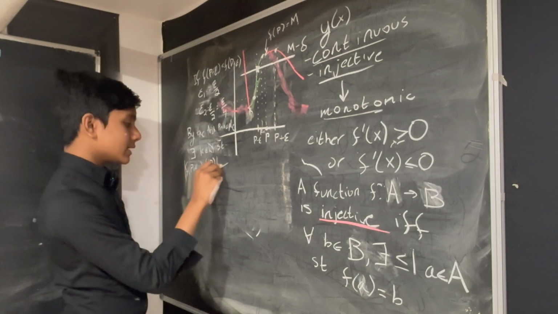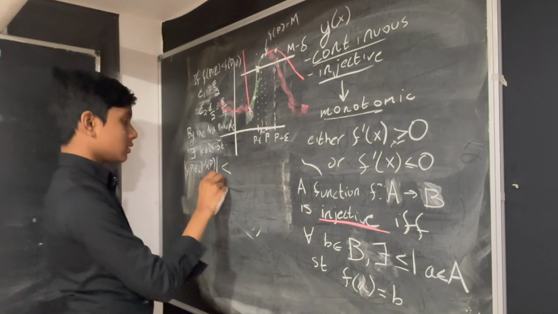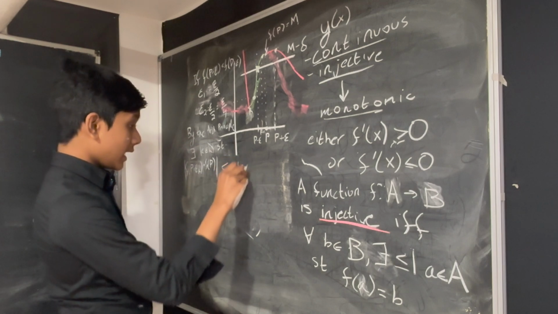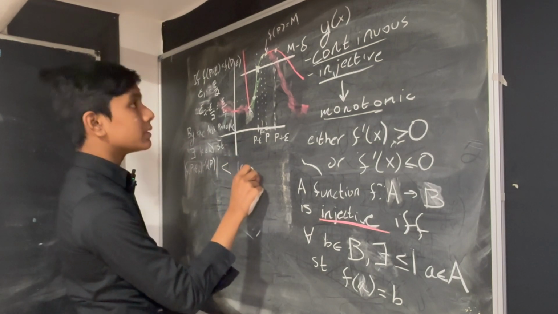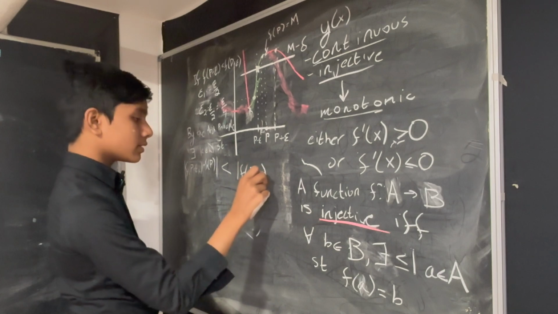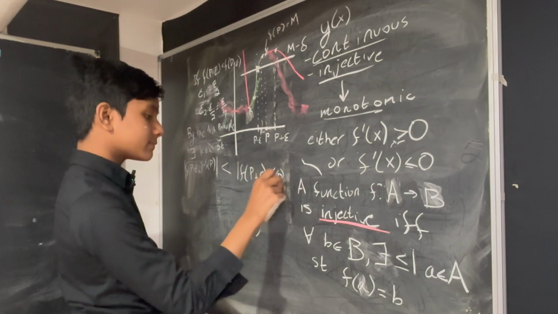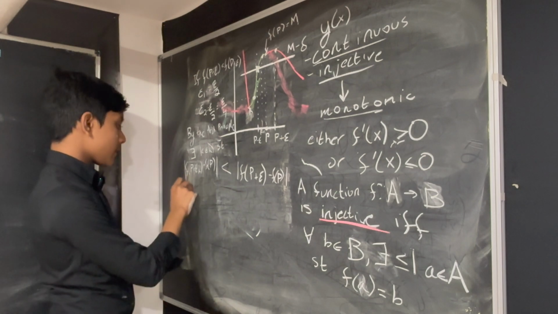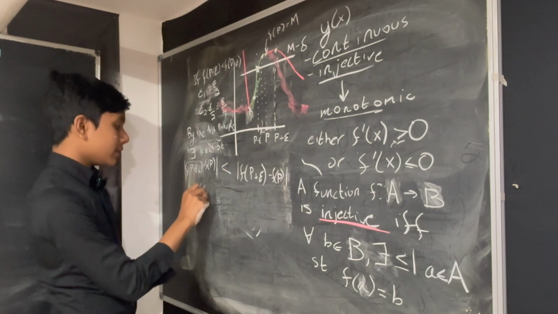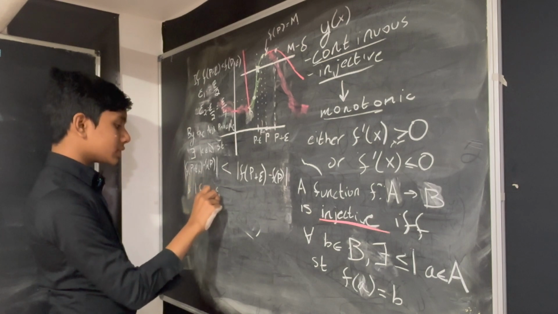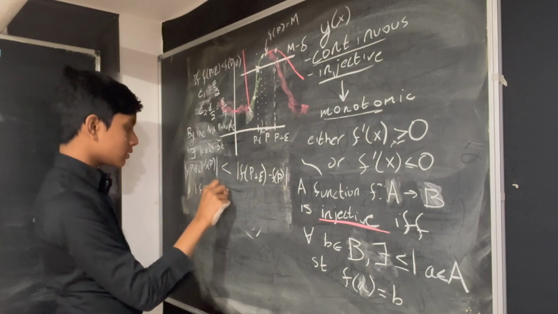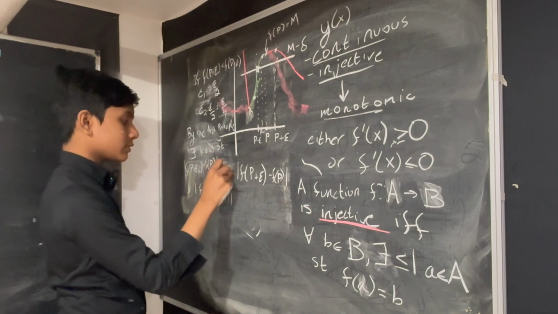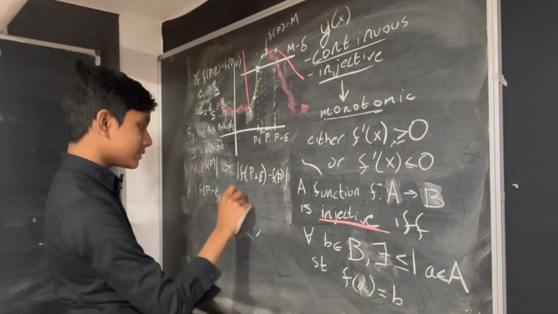This difference is less than f of p plus epsilon minus f of p, and f of p minus epsilon k plus 1, oh sorry, this would be greater than, and this would be less than.